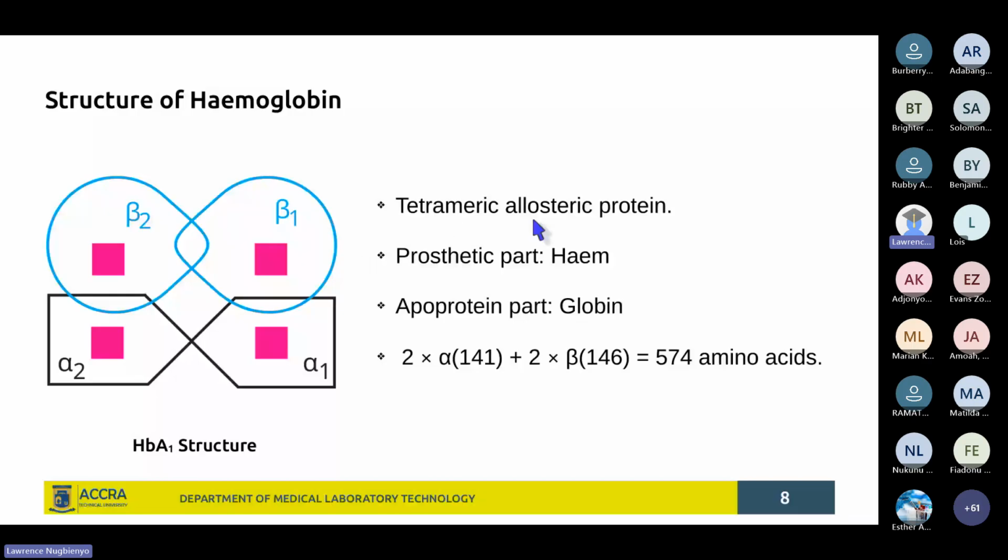The prosthetic part, that is the non-protein part of this molecule, is the heme. And the protein part, which is the alpha chains and the beta chains, those are the globins. This part too sometimes is referred to as the apoprotein part.